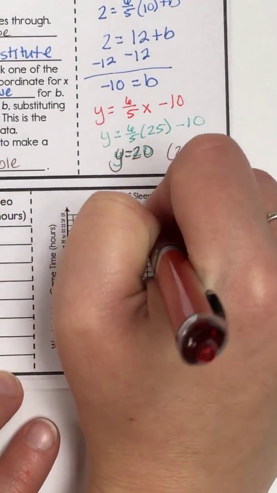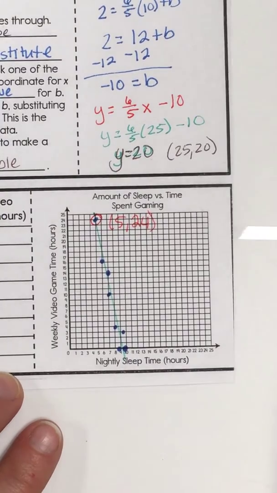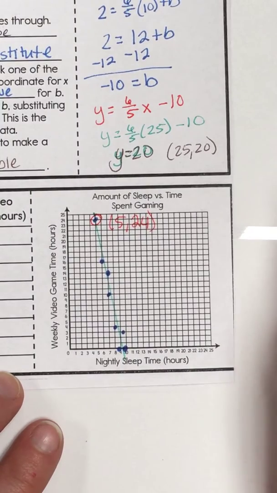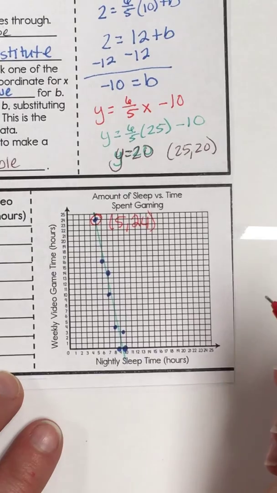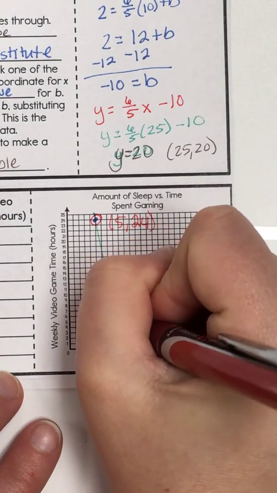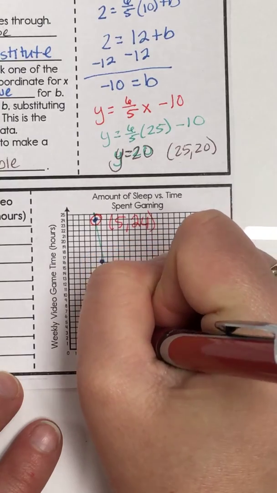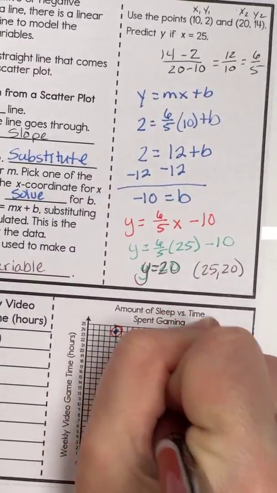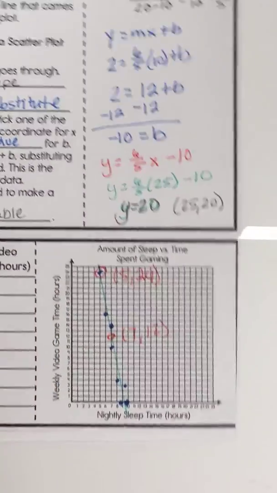That's just kind of lucky on my part, but that's not always going to be the case. Another place that my trend line crosses, looks like right here. Hold on, my old people eyes can't see that. (7, 12). Okay, so I've got (5, 24) and (7, 12).